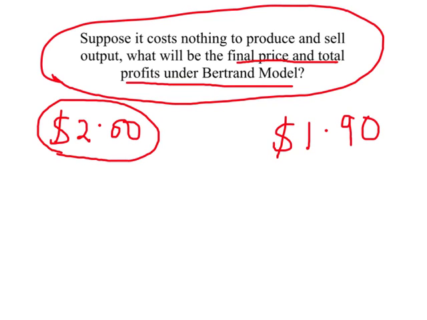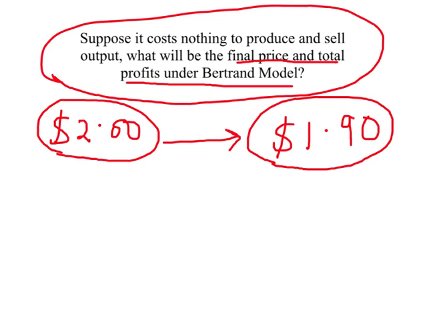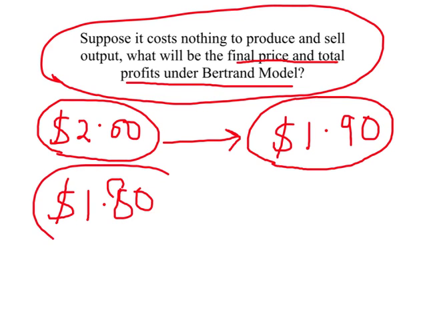When I'm charging $2 and you are charging $1.90 and we are standing on the same street selling water bottles, what will customers do? All of them will come to you and buy water bottles from you. Now when I see your price as $1.90, what I do in the next time period is I lower the price to $1.80, and now what happens?